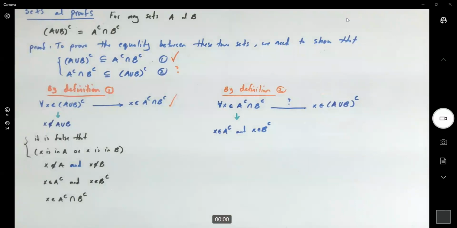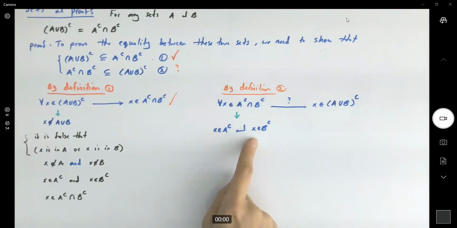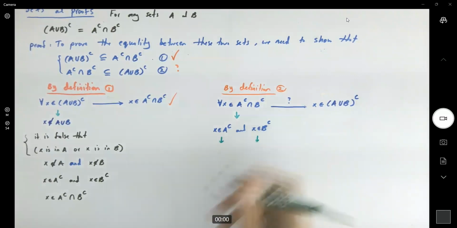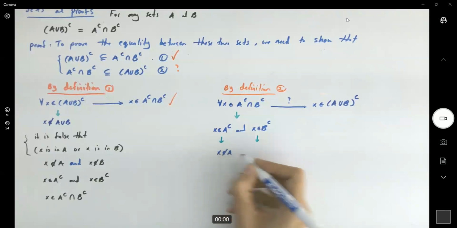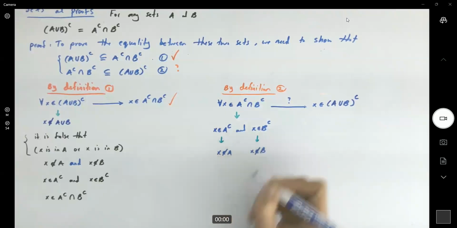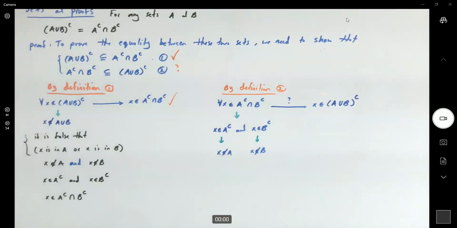All right. But what's the definition here? X is not in A, X is not a member of B. That's the meaning of that, all right? So what's the translation here?